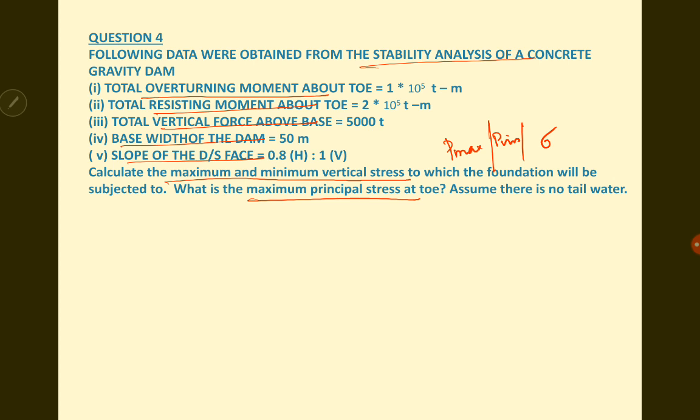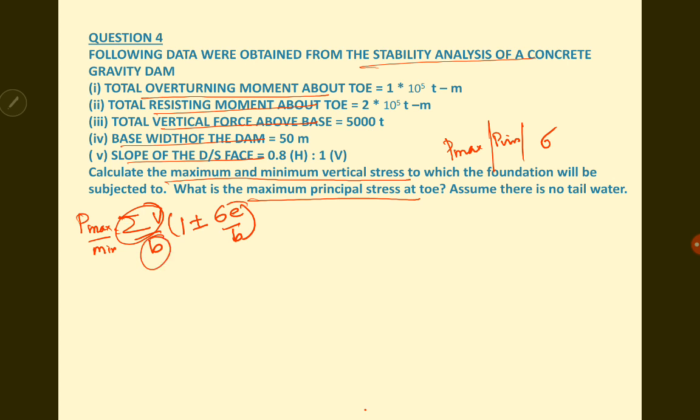Okay. To find P max and P minimum, first what do we require? What is the equation for P max? We remember P max by P minimum is equal to sigma V by B into 1 plus or minus 6 E by B. Right. So, here they have given us sigma V, the total vertical force. The base width they have given us.